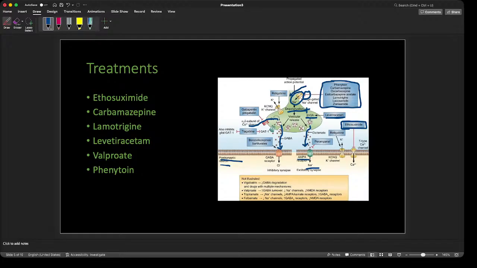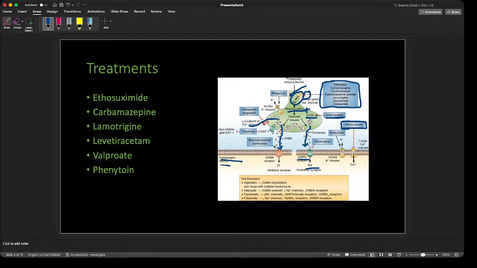And then the benzodiazepines, which is going to basically allow more of the GABA, or keeping the GABA channel open, so there could be more inhibitory activity to balance out the excitatory activity that goes on between neuron A and neuron B.